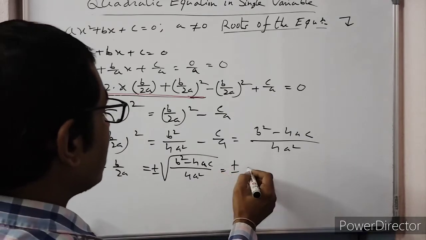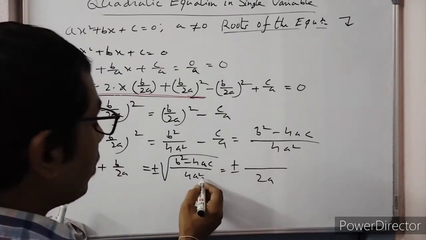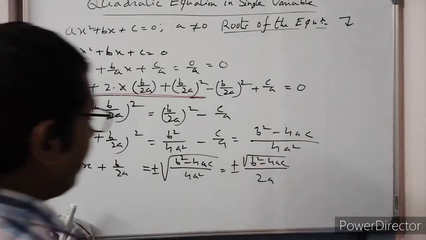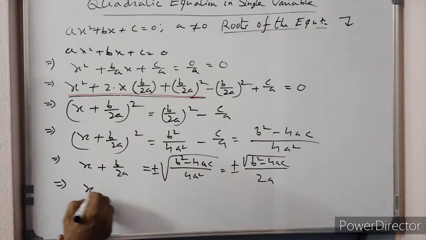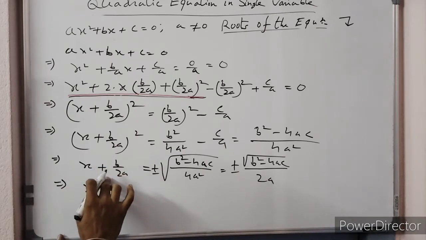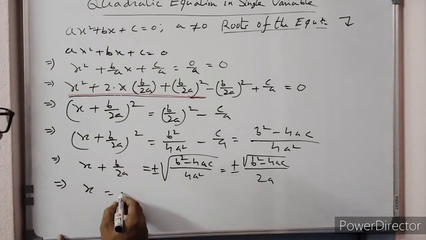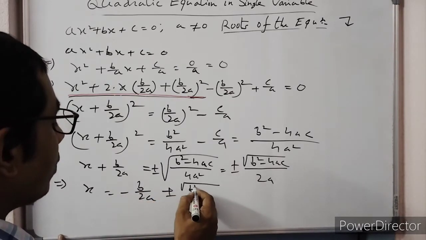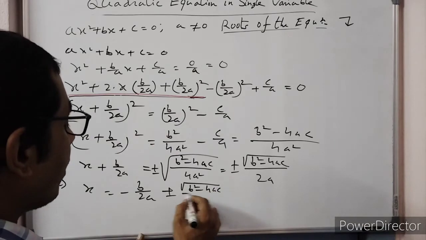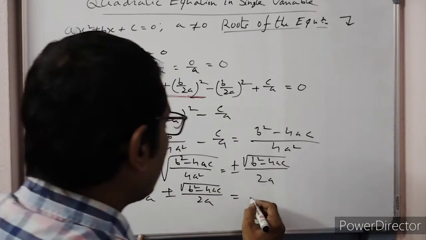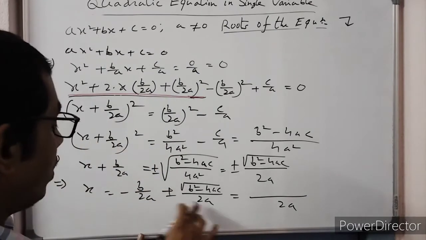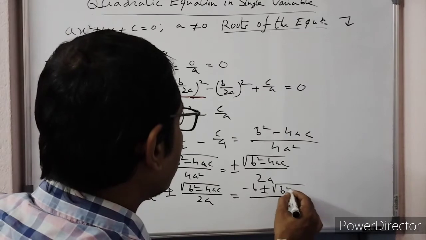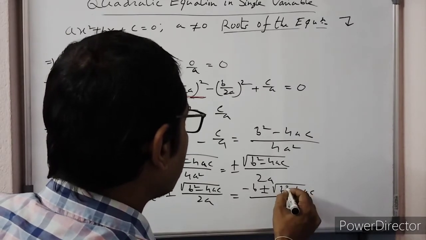It will be plus minus root over b square minus 4ac by 2a, since root of 4a square means 2a. So x equal to minus b by 2a plus minus root over b square minus 4ac by 2a. Take 2a LCM: minus b plus minus root over b square minus 4ac.